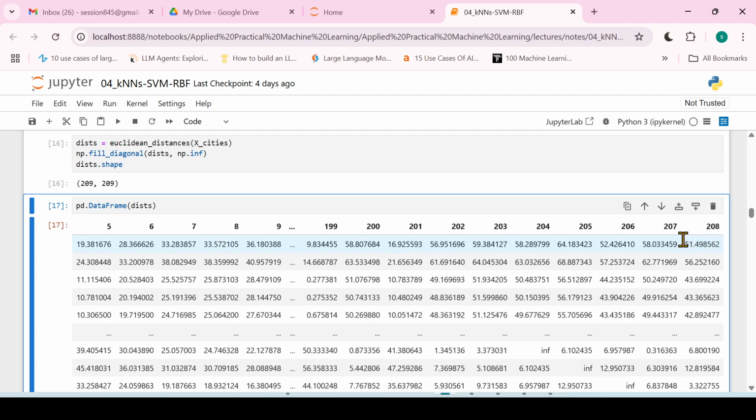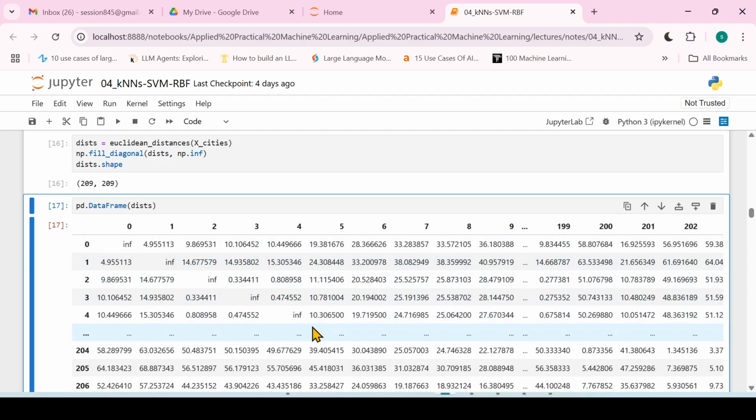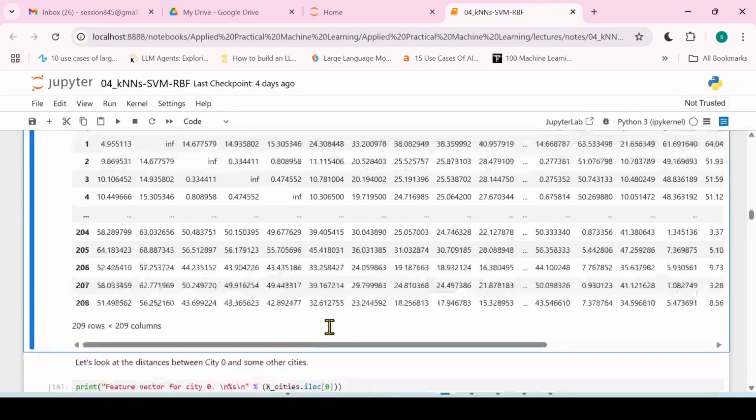We have a total of 208 examples, and we do the same for every example here.